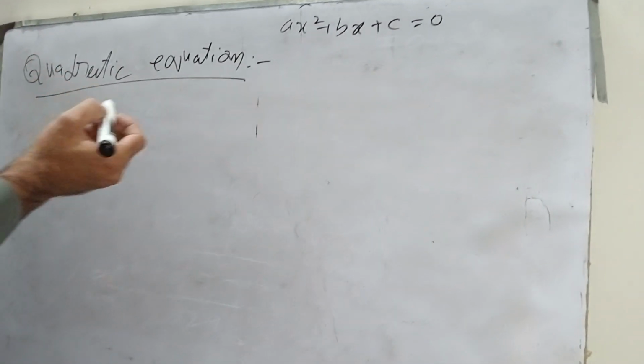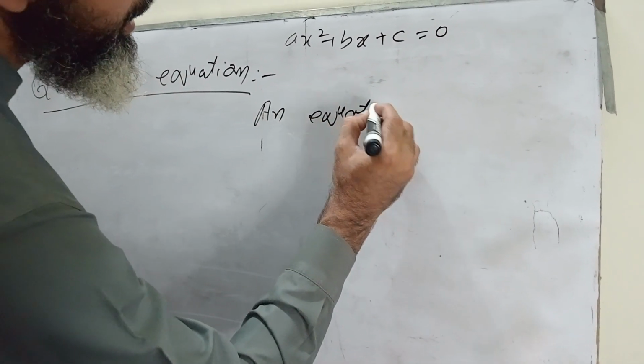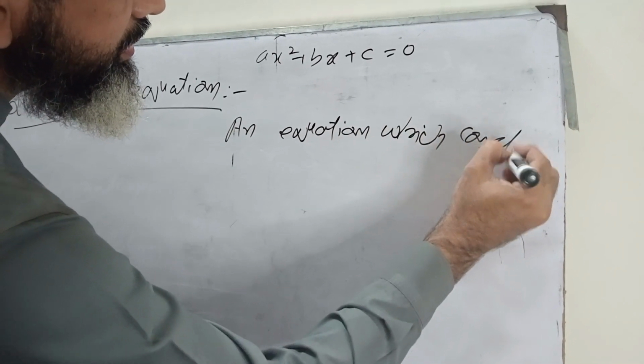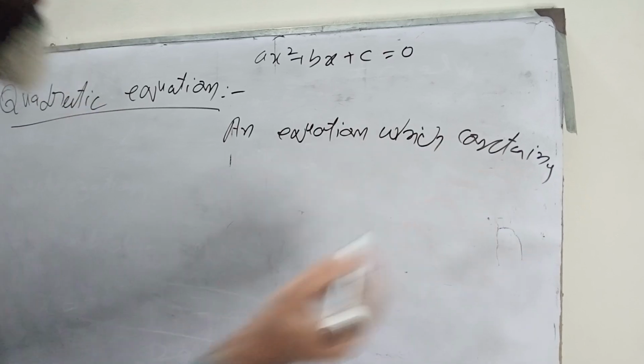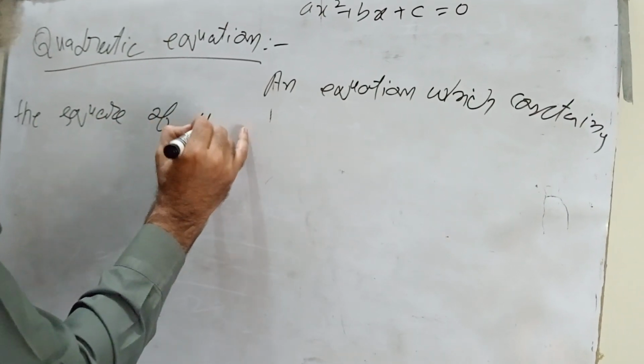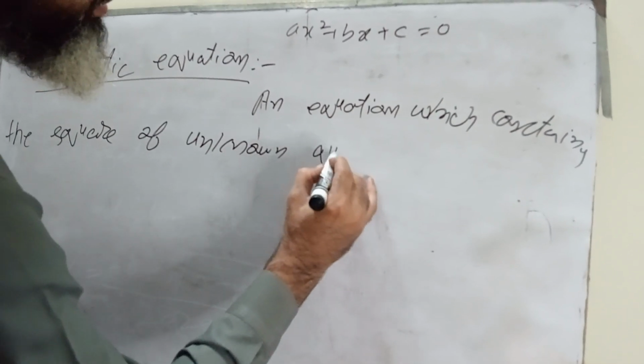It is defined as an equation which contains the square of unknown quantity.